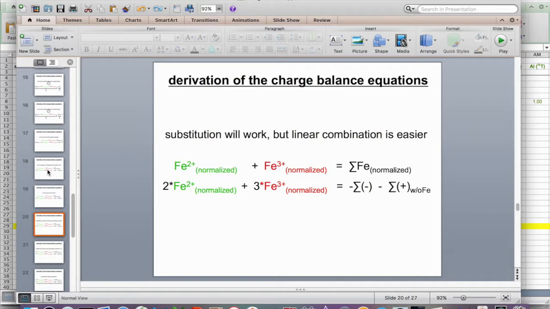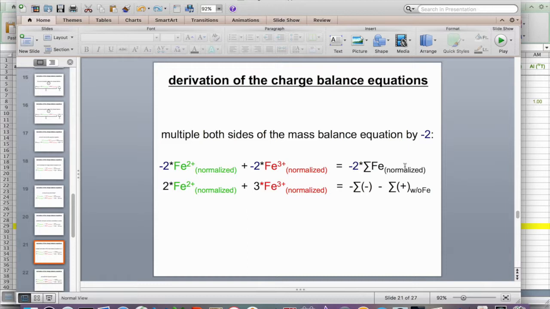Okay, so we have both of these equations lined up here in a nice convenient fashion. And the first thing that we're going to do is look at the top mass balance equation, and multiply every single term by -2. So you can see I multiplied this by -2, I multiplied the iron 3 plus by -2, and I multiplied the sum of the normalized iron by -2.